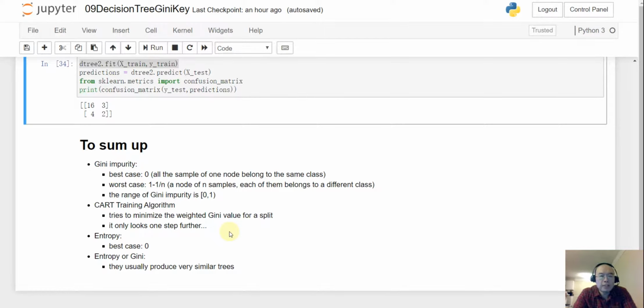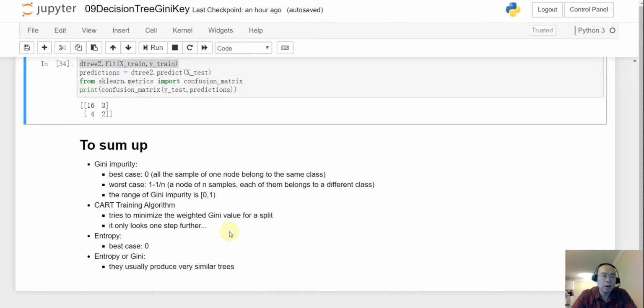And then we talked about the CART training algorithm. The CART training algorithm will try to minimize the weighted average Gini after a split, and it will try to find the smallest weighted average Gini. So that will be the split for the current node.